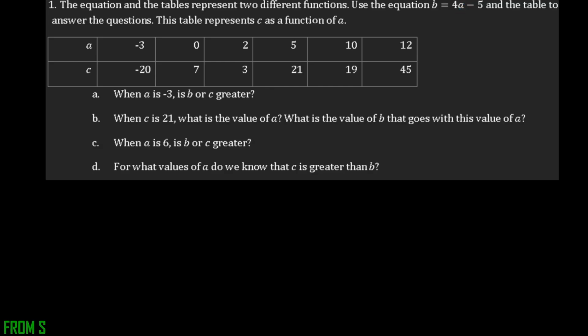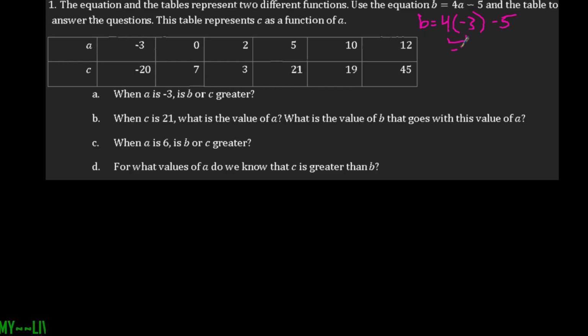And the first question says when a is -3, is b or c greater? So we could find out. Let's compare what we have. Let's do pink and gray for this one. Let's say for b, let's find out. We replace -3 in our function. So b equals 4 times -3 minus 5.